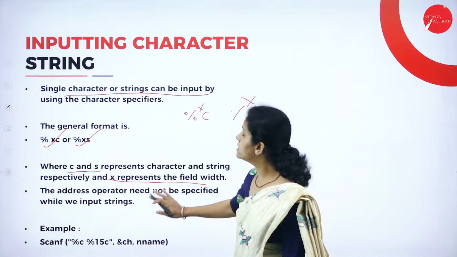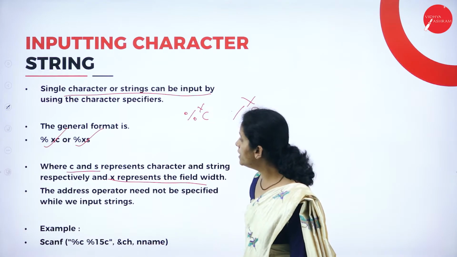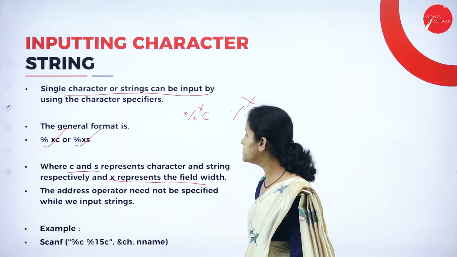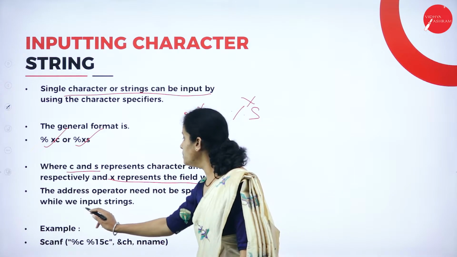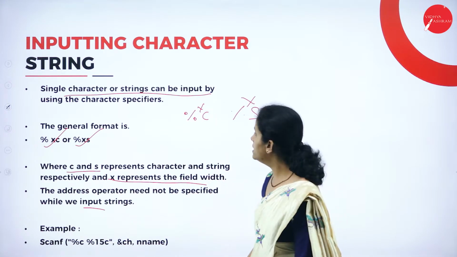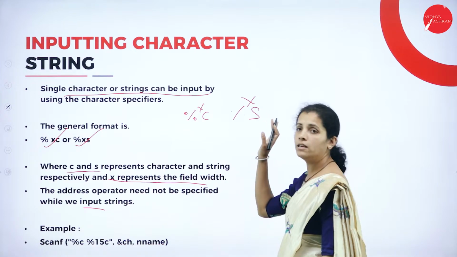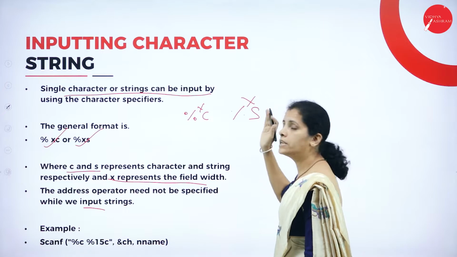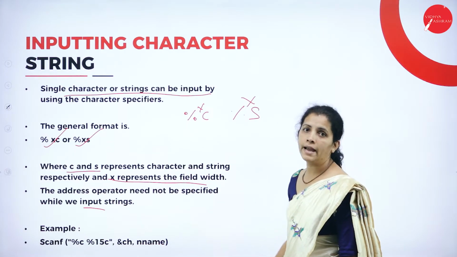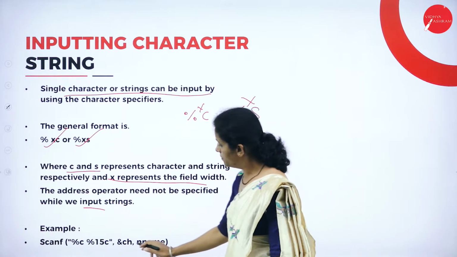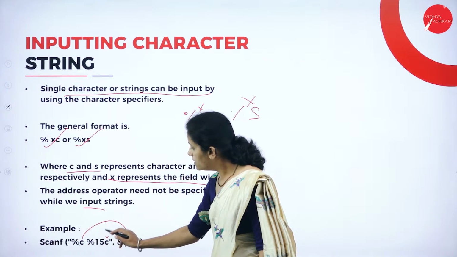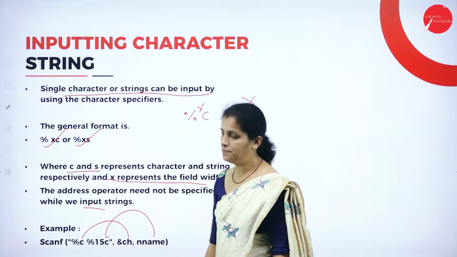So here X is used to represent the field width, and address operators need not be specified while inputting a string. That means, if I am using a string, then to read the string I don't need to specify an address operator. See here, C is character and this is string.